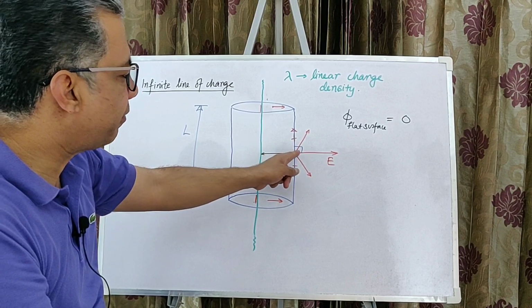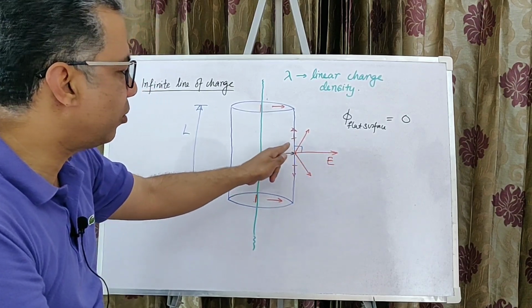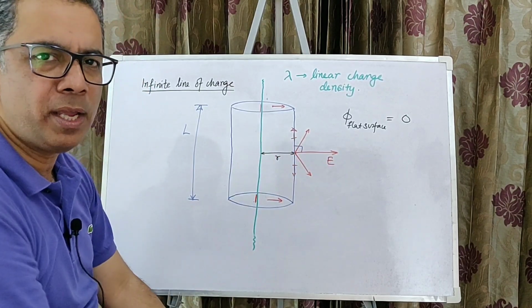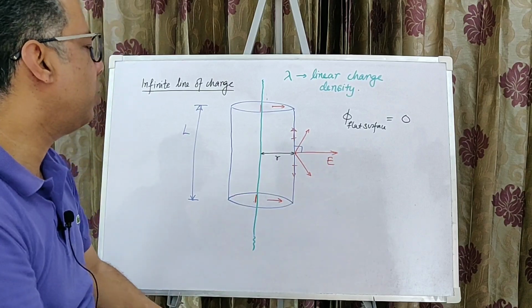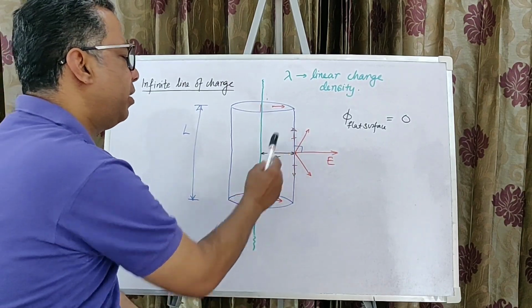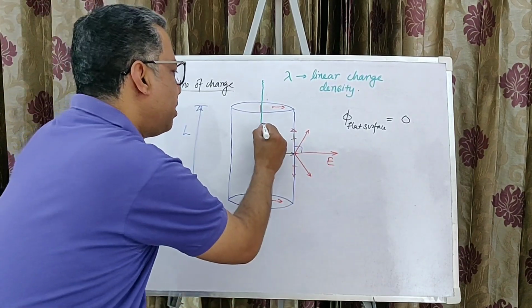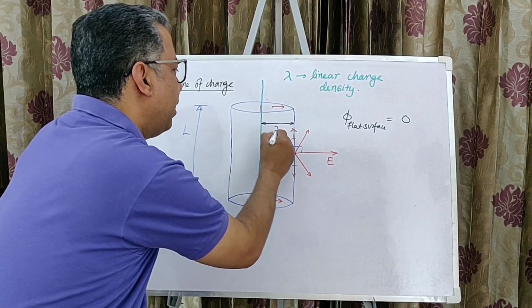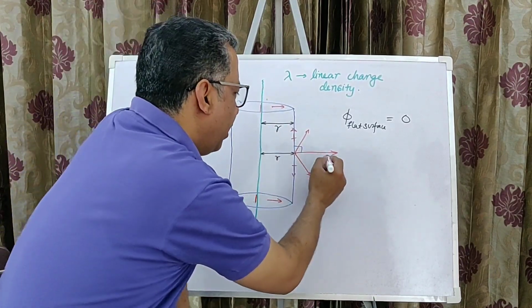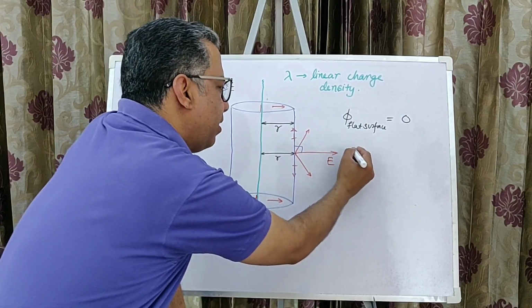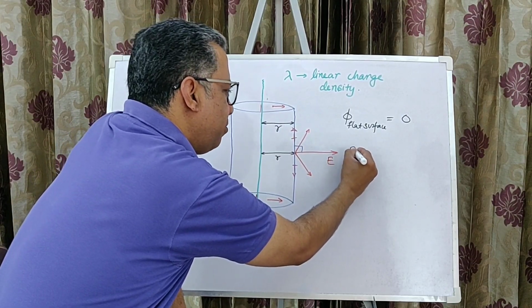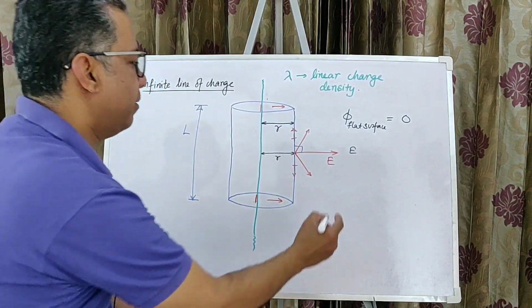On the curved surface, the electric field is normal to the surface at all locations and has a constant magnitude, because all the points on the curved surface are at the same distance r from the line of charge. So the flux on the curved surface will be the magnitude of the electric field.